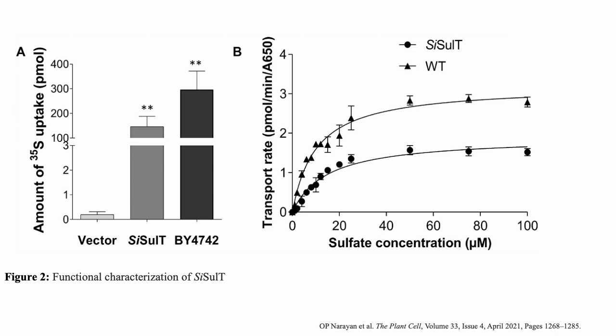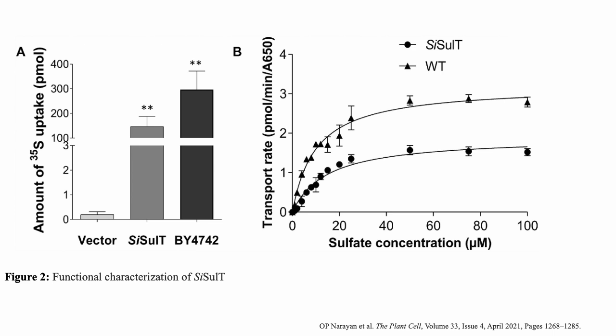We first grew the wild type yeast strain BY4742 and HK14 mutant, transformed with either empty vector or with SiSLT, in sulfate replete condition before transferring them into sulfur starvation medium for 2 days. We then measured the sulfur uptake by adding 10 micromolar S35 labeled Na2SO4 for 4 minutes.